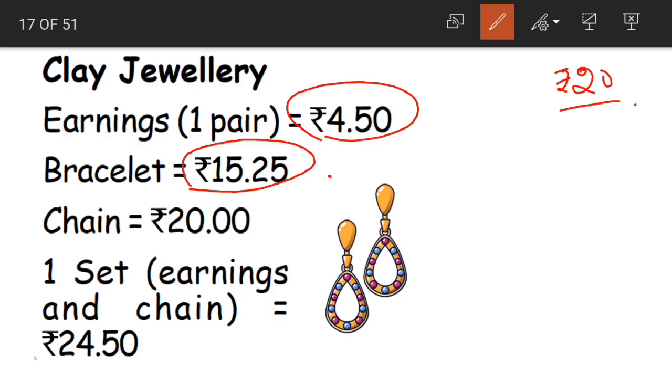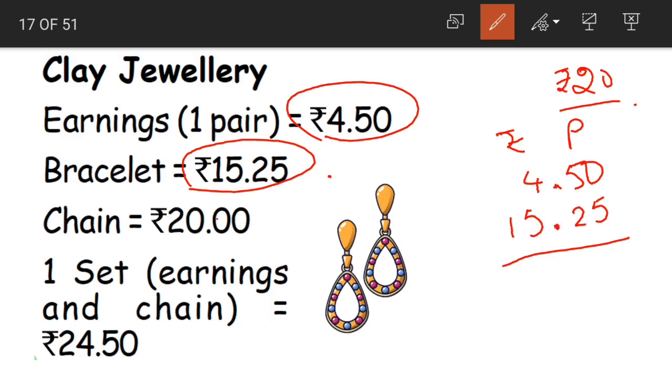Now how to add these two? See, first one is 4 rupees 50 paisa and the second one is 15 rupees 25 paisa. Now these are the rupees and these are the paisa. And while adding the rupees and paisa together children, one important point to remember is that these points should be in the same place for both the amounts written above and below.